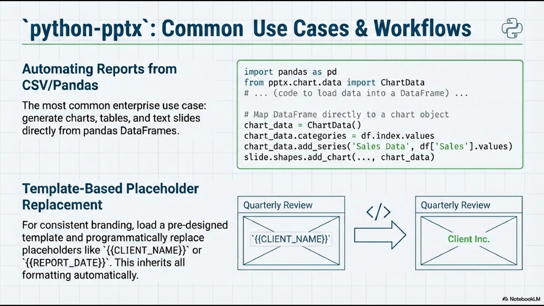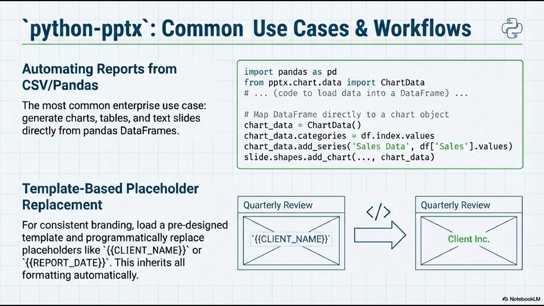First up, and probably the most frequent enterprise scenario, is automating reports directly from CSV or Pandas data frames. Think about generating monthly or quarterly reports with dynamically updated charts, tables, and textual summaries, all driven by your latest data. Python PPTX makes this incredibly straightforward. On the right, you see a Python code snippet demonstrating this.